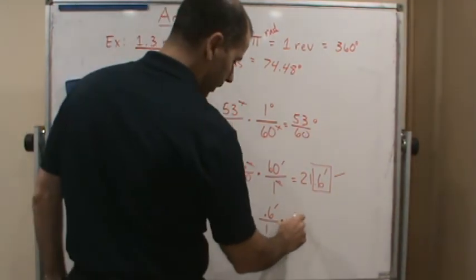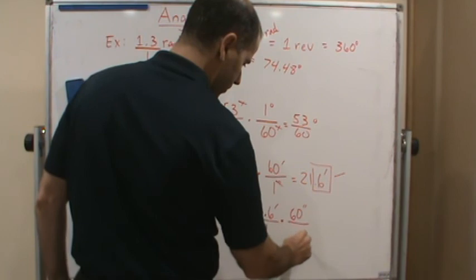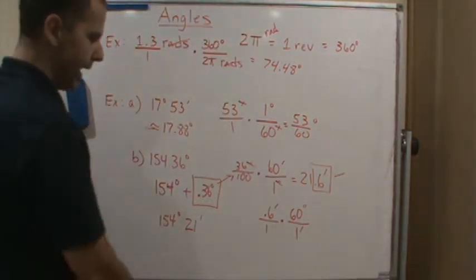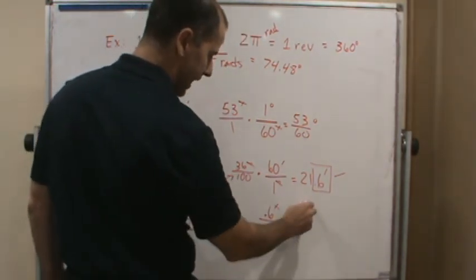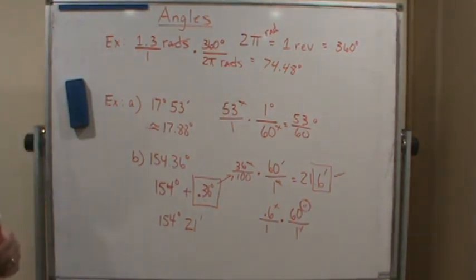I know that there are 60 seconds for each minute. See what I did there? Now I've got minutes on top that cancel with minutes on the bottom, and I've got seconds on top. And so my unit analysis is good.